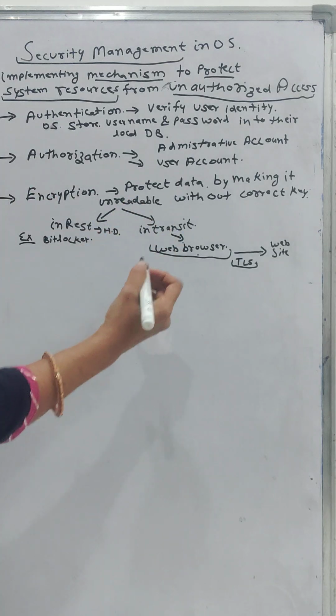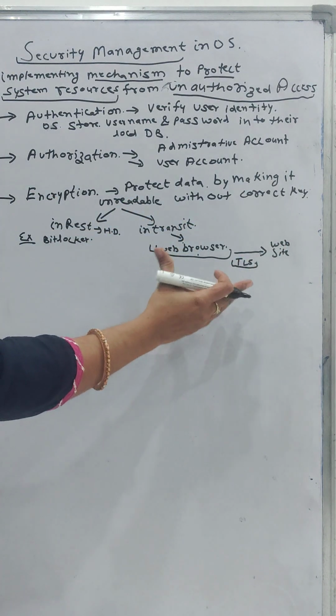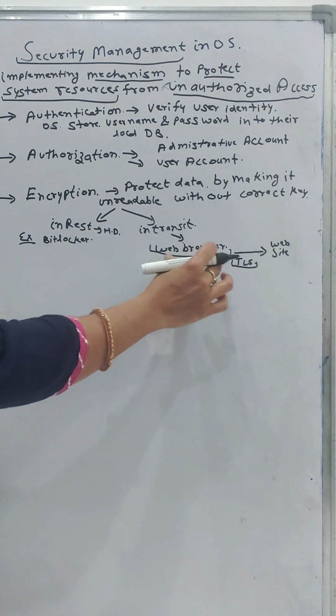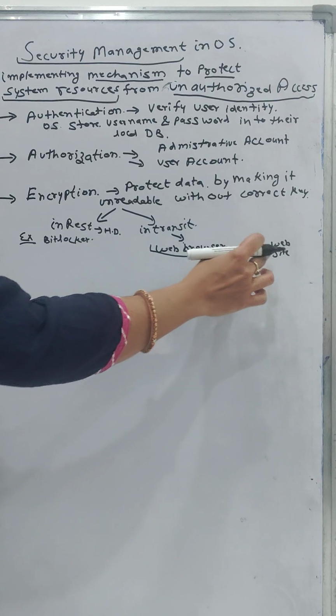Let me explain how the operating system helps the web browser create transport layer security.